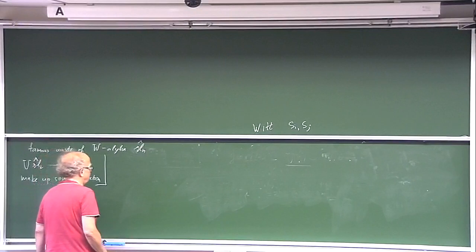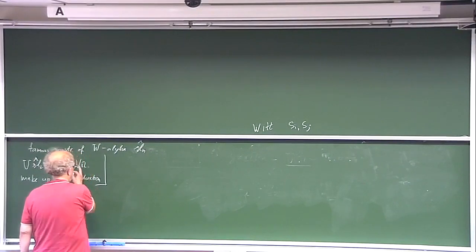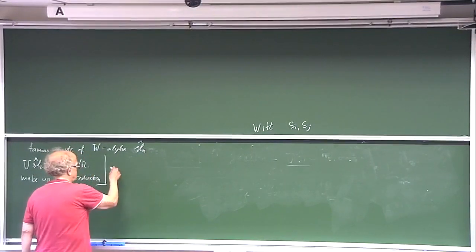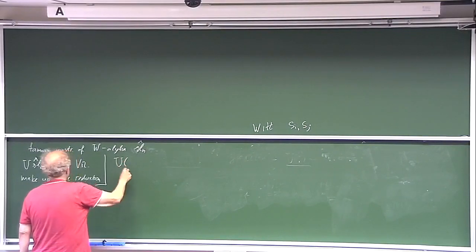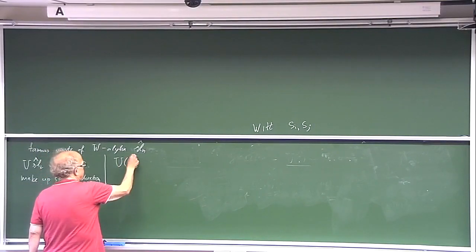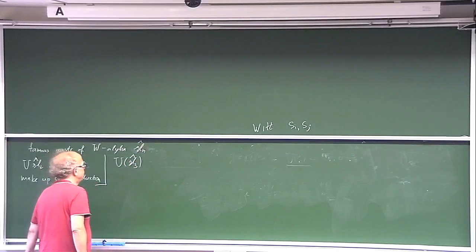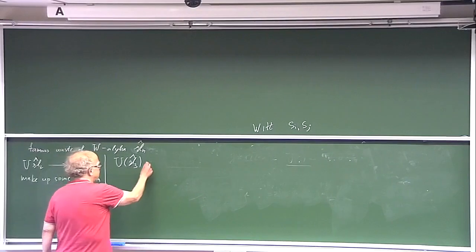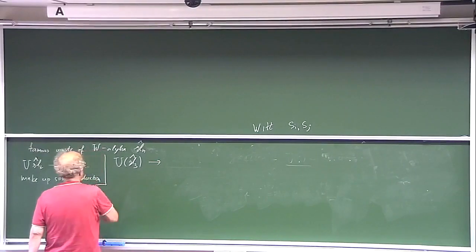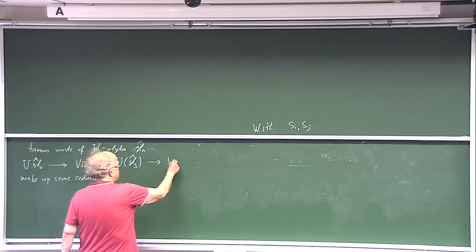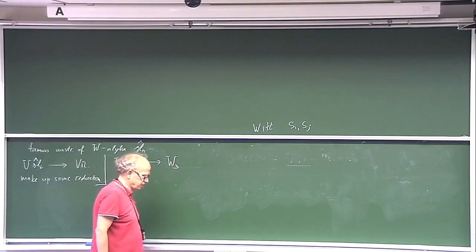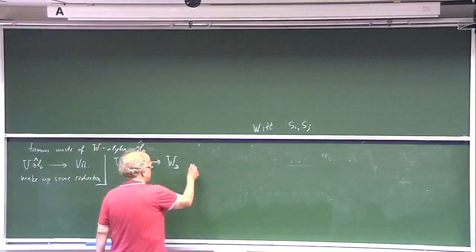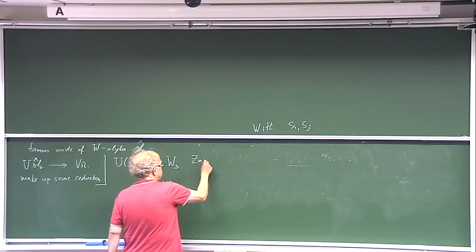Anyway, it was very old, but then Zamolodchikov took the universal enveloping of SL3, and he produced some generalization of Virasoro, which he called W3 algebra, and the standard name is Zamolodchikov algebra.